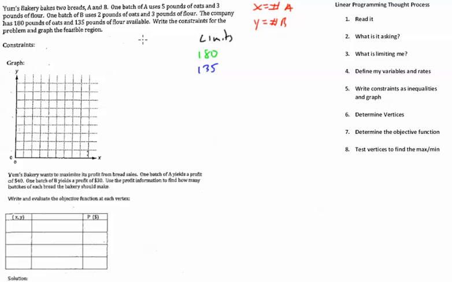So now let's look at my facts here. I've got two variables for my two types of bread. My X is going to represent type A, and B is going to be represented by my variable Y. The number of batches of A will be X, the number of batches of B will be Y.